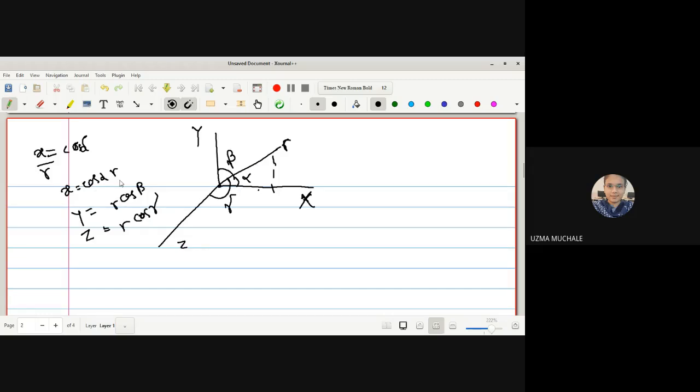Cos alpha, cos beta, cos gamma, these are direction cosines. Now what was our question? Why have we used cosine only, right? If I want to find out the position of x, I can find it with the help of this formula. And about y, I can find it with the help of this formula, right?